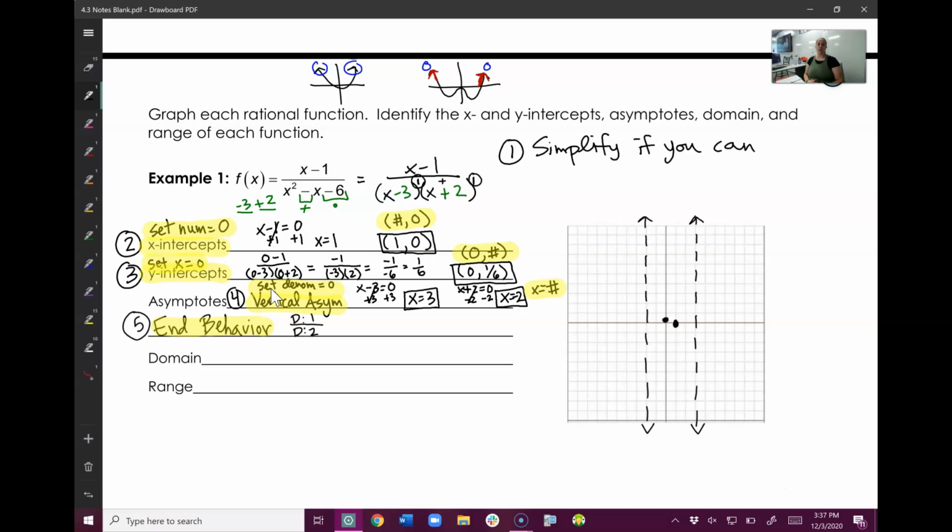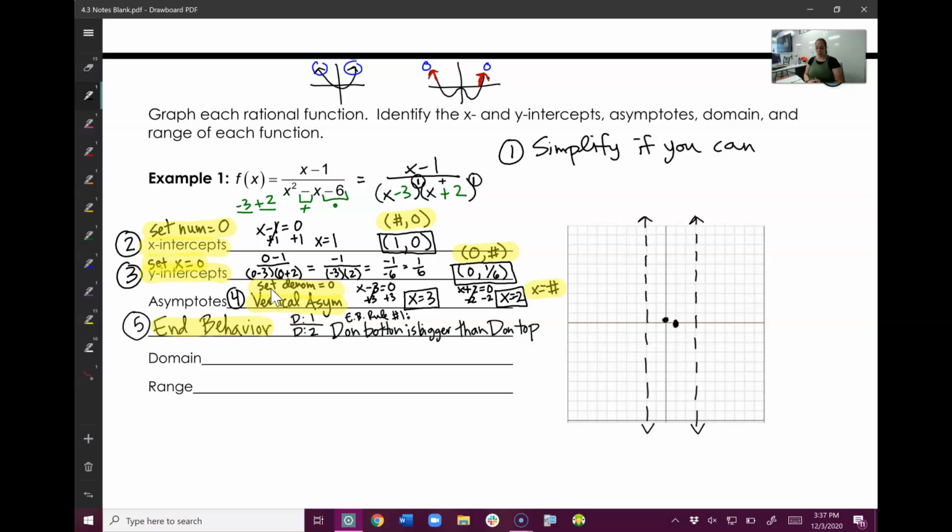So here's my first end behavior rule. If the degree on bottom is bigger or greater than the degree on top, this is my end behavior rule number 1.